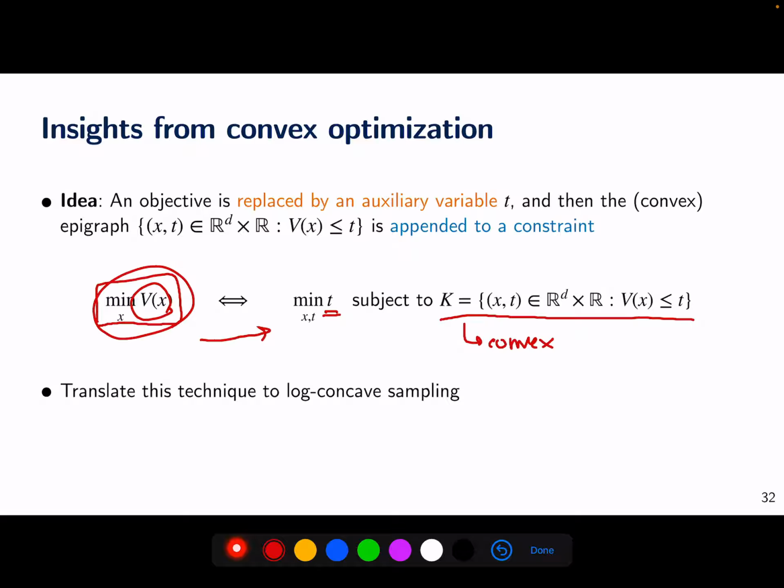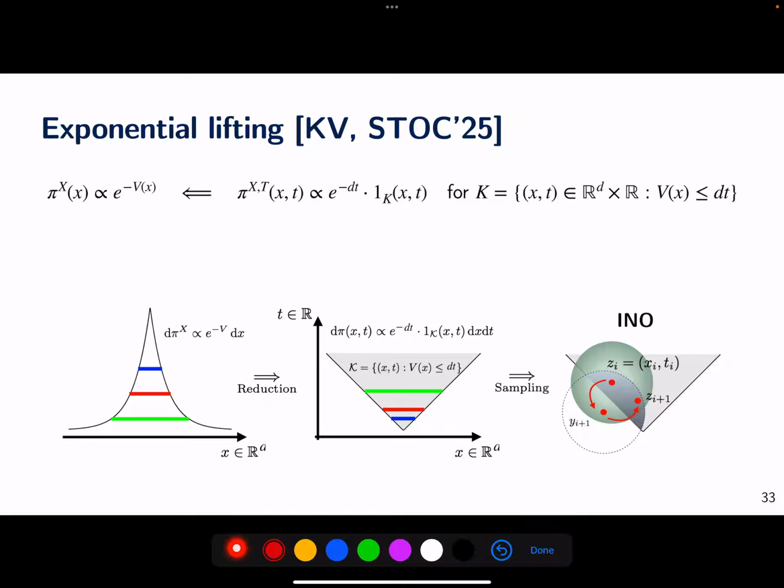And my goal is to translate this technique to the log-concave sampling setup as well. This is called exponential lifting. When you want to sample from a distribution phi of x proportional to e to the minus v, you can replace v by t. You need some multiplicative coefficient here for better computation, but it's not a big deal.